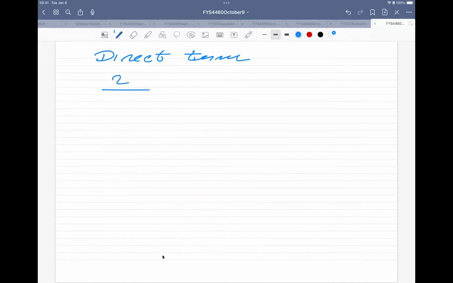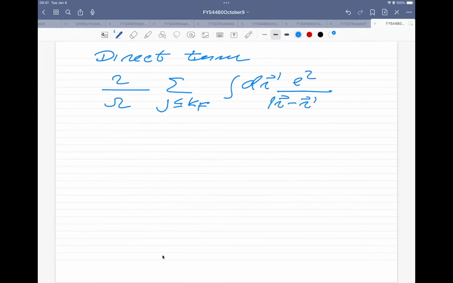I'm going to have a factor over omega, and you will see why we only have an omega here pretty soon. There's going to be a summation over j less than kf, and then I have an integral over d r prime, and then I have an e squared divided by r minus r prime here.